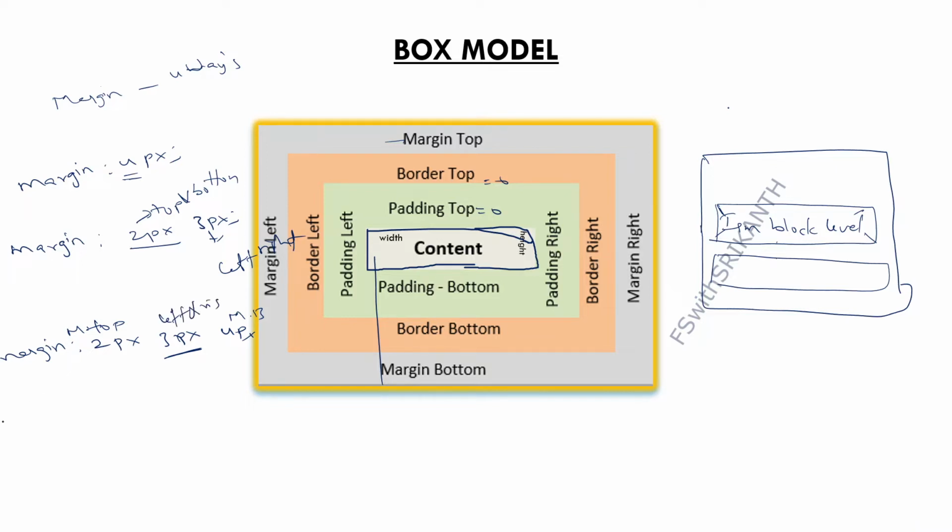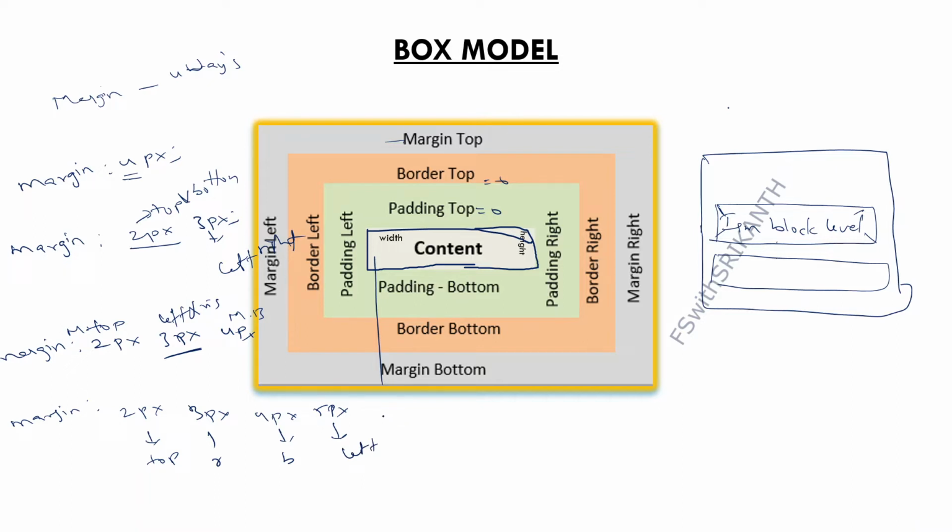In the same way, we can represent 4 values: 2 pixels, 3 pixels, 4 pixels and 5 pixels. The first is top, then right, then bottom, and then left.